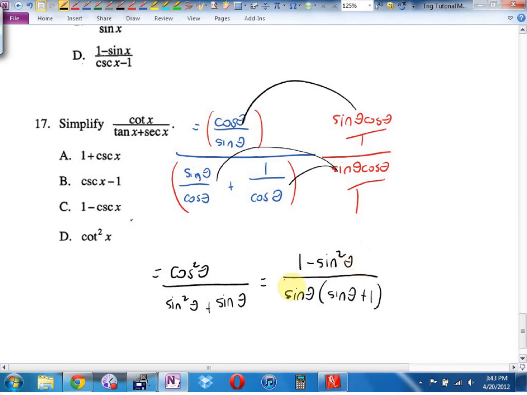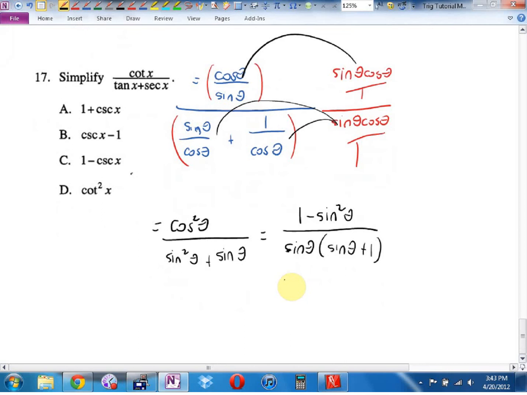This does factor. It's a difference of squares, which we've hardly ever had to use. This is a nasty one. But you know what? 1 minus sine squared is actually 1 minus sine, 1 plus sine. Did you hear the nerdy adrenaline rush right there? Wasn't that great?